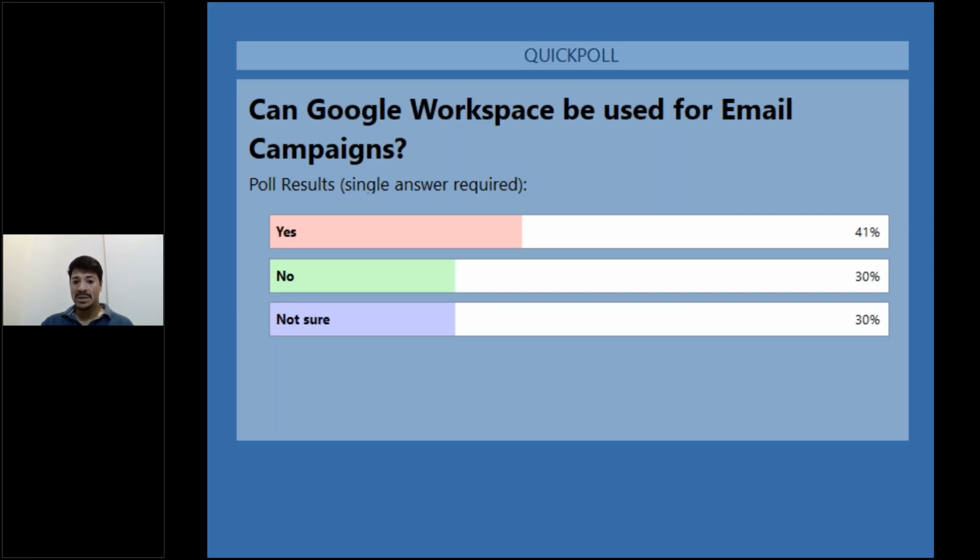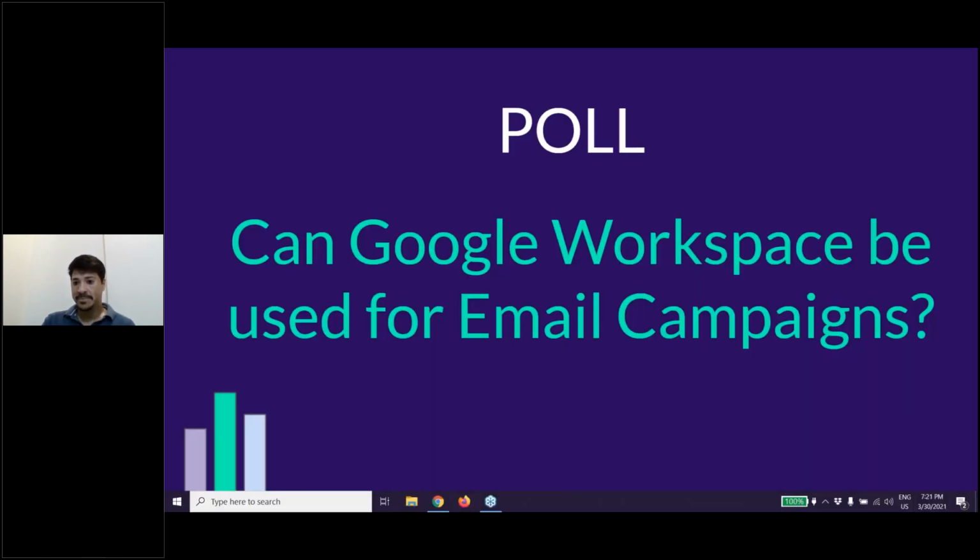However, I would request you to refrain from doing so. There are other bulk email services out there for campaigns. Use those services, because if your account is suspected to be against their AUPs, they will take action and suspend your Google Workspace account. So refrain from doing that.